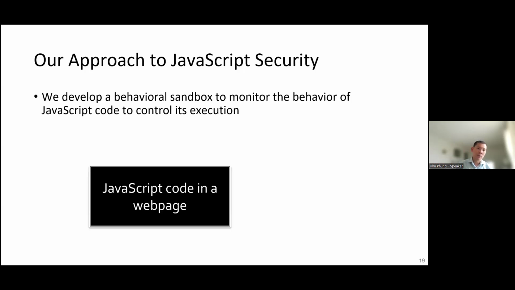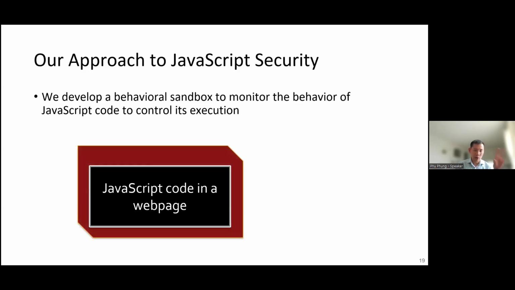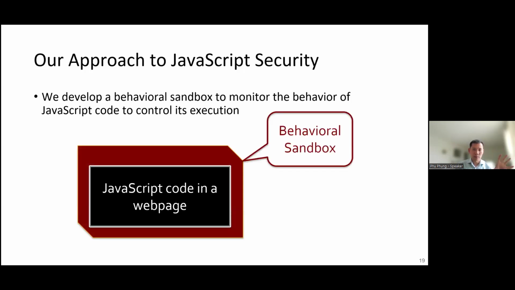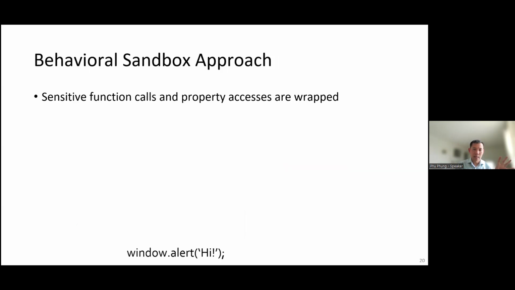The idea is that if you have code like this, we have a sandbox around the code so that we can wrap the sensitive execution, for example method calls or property access.